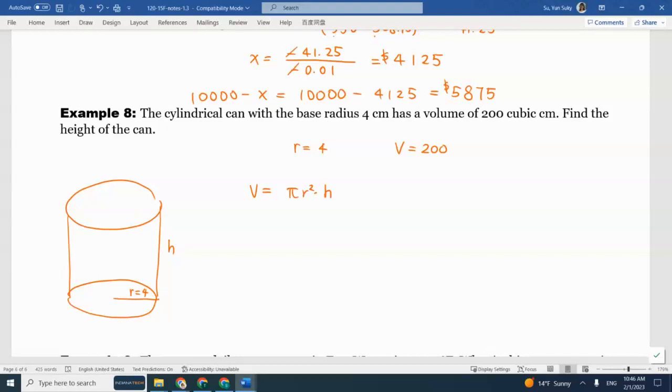Good. Now we plug in the numbers. What is V? 200. Pi is pi. What's pi? 3.1415, something like that. What's r? 4. And we are looking for height.